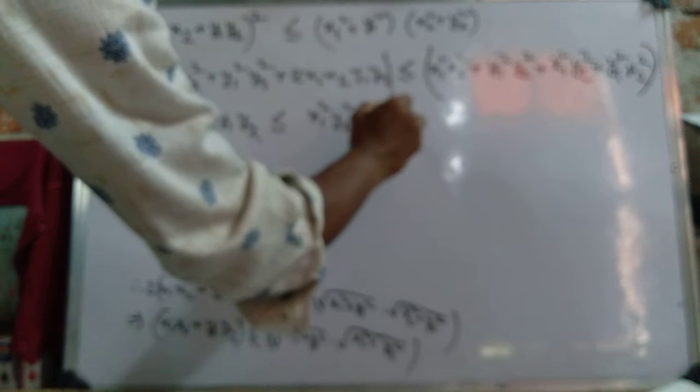Okay, we get this one, then x1 y2 times x2 y1 less than or equal to x1 y2 square plus y1 x2 square by 2. Okay, this one we get.